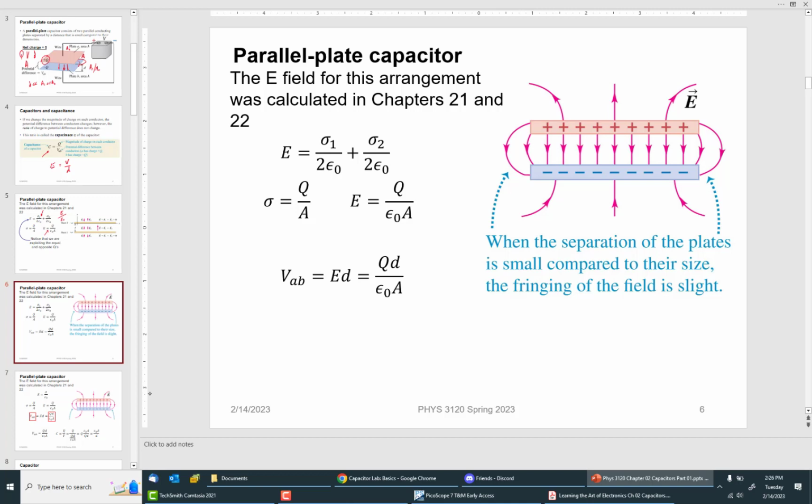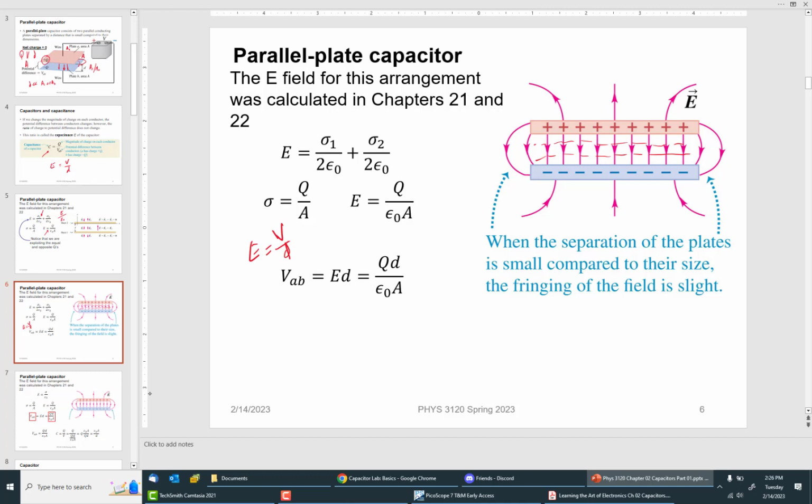I also took this one further because we know that E is equal to V over D. This is generally true, and especially with parallel plates it's a very simple equation. With parallel plates, if you remember equal potential surfaces, you can draw these out every so many volts, and it turns out that if they're equally spaced in voltage in a parallel plate, they're equally spaced in distance too, in centimeters.